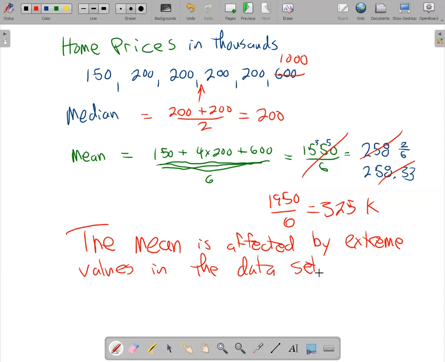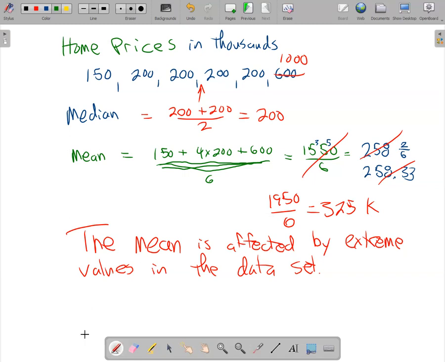Here I use the example of an extremely high number, but it could be extremely low numbers, way lower than everybody else, that are messing things up for the mean and dragging it away from the median. If the mean and the median are close, that means your data is relatively symmetric. There isn't too much on the high end that's way high, or too much on the low end that's way low.